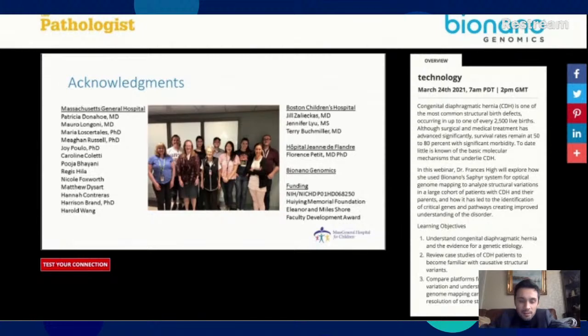So I could imagine we certainly could apply this technology to a diaphragm specimen from one of our CDH patients. Sometimes we can actually get that tissue at the time of surgical repair and see if there are any structural variants that are seen in a somatic way, when comparing that to, for example, a blood sample from the same patient.